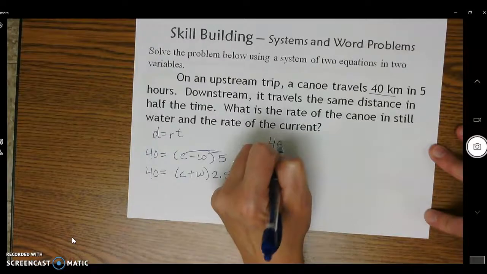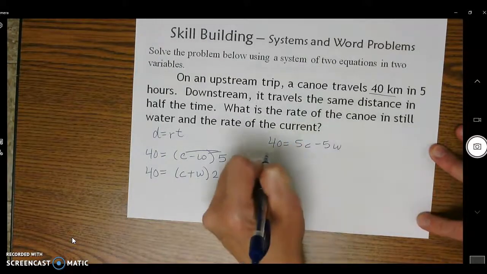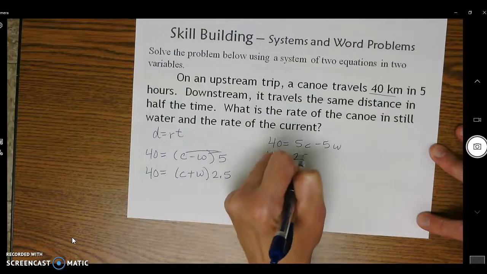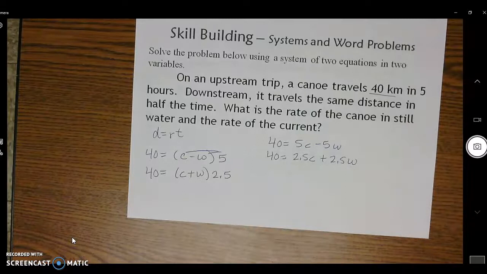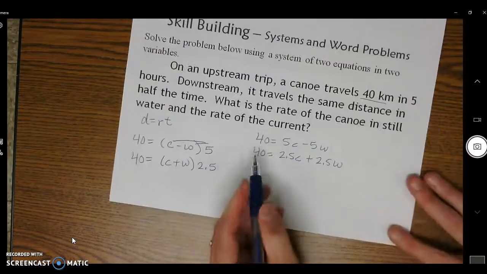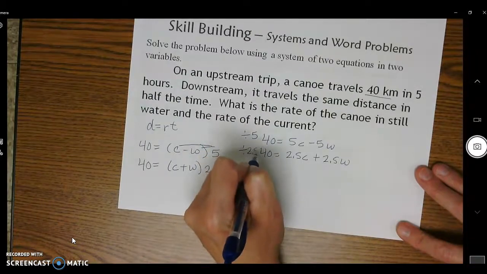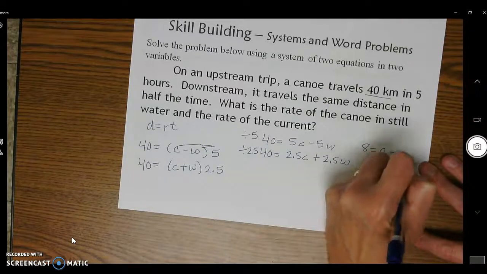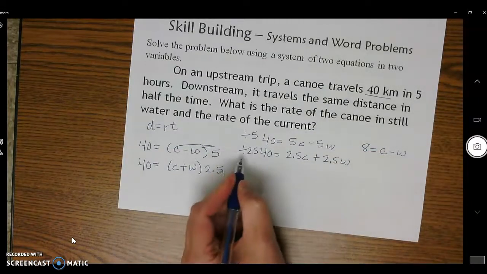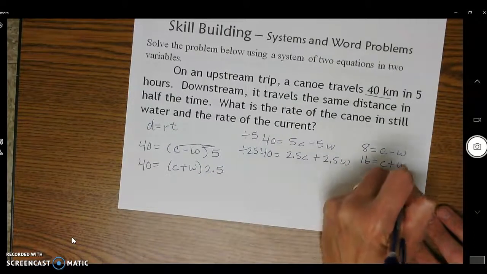So 40 equals 5c minus 5w. 40 equals 2.5c plus 2.5w. I like to simplify these, so I'm going to divide everybody here by 5, and everybody here by 2.5. If I divide by 5 here, I get 8 equals c minus w. And if I divide this by 2.5, I end up with 16 equals c plus w.